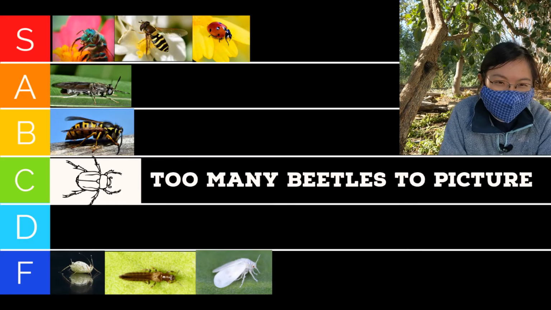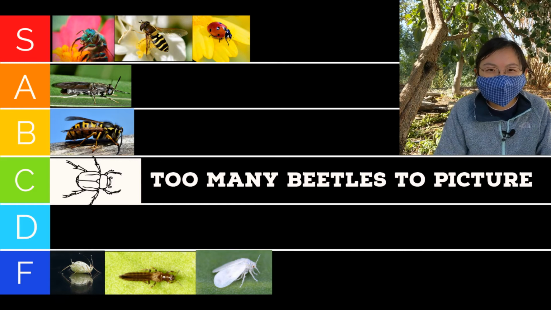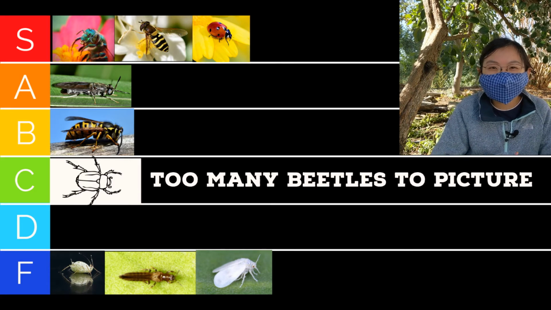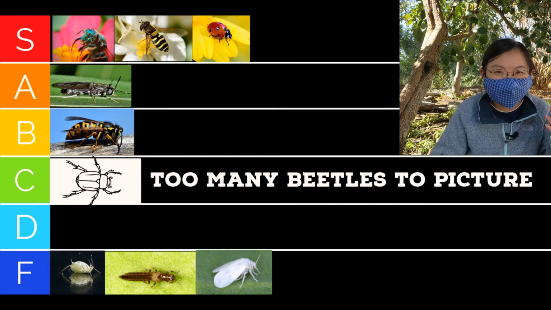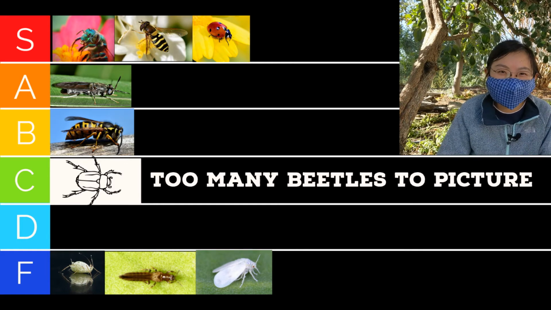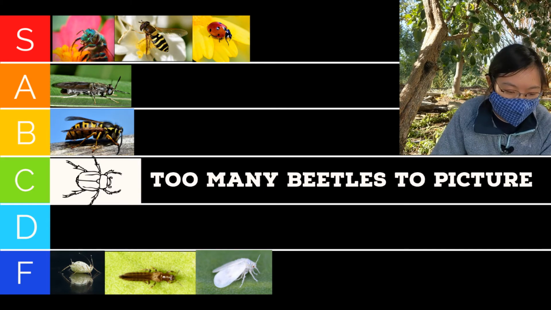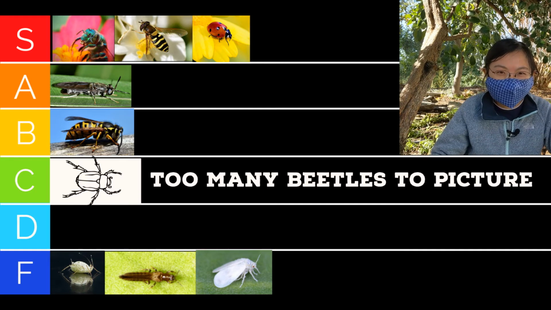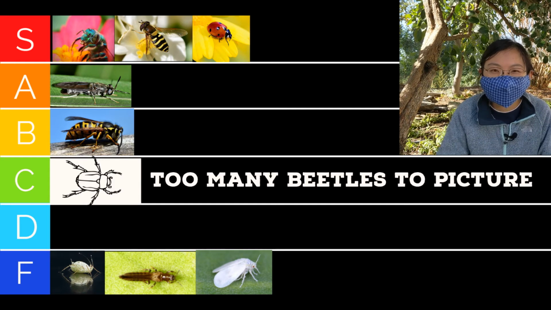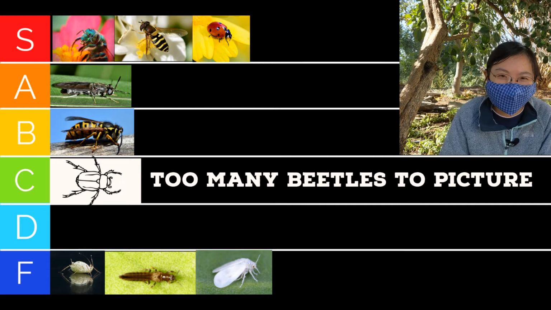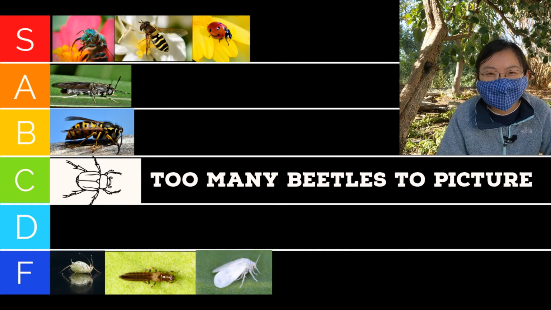So some of these are really good for your garden, such as ground beetles and soldier beetles, but there's also quite a large family that are responsible for causing a lot of damage to your garden, such as flea beetles and Japanese beetles and various weevils, and these all cause a variety of different types of damage, from feeding on your leaves to the roots, even to stems.